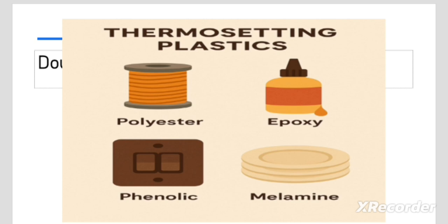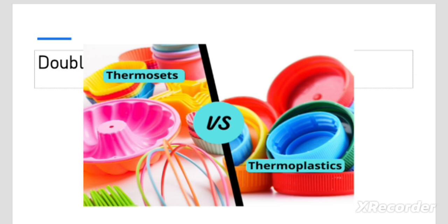So we can see examples of thermosetting plastics in kitchenware in the form of melamine, in adhesives in the form of epoxy resin, in electrical switches in the form of bakelite, in tires in the form of vulcanized rubber, and other examples like polyesters and phenolic are given here. You can see. So now we will see the exact comparison between these two plastics.